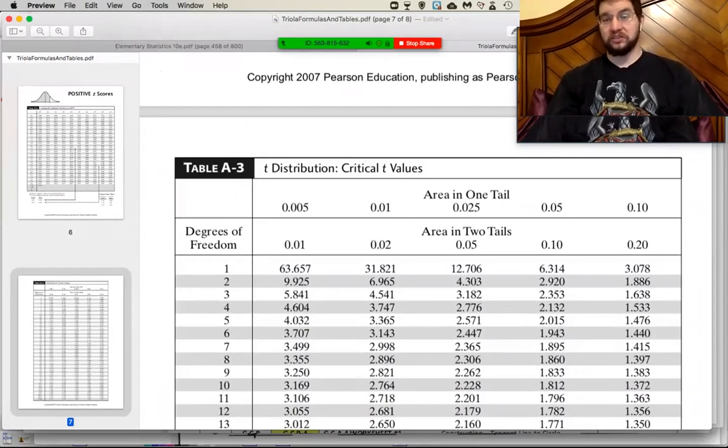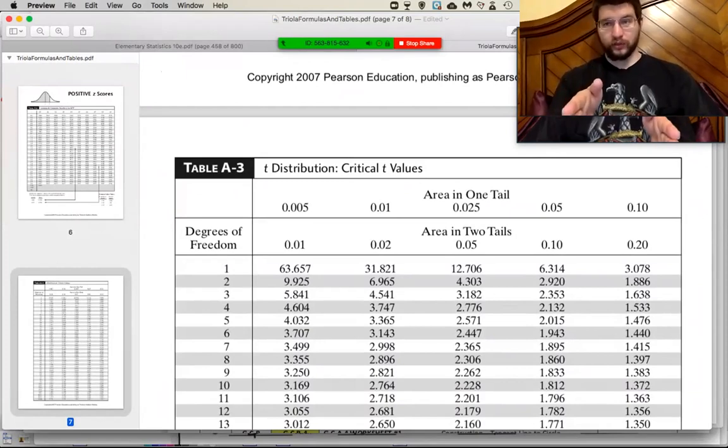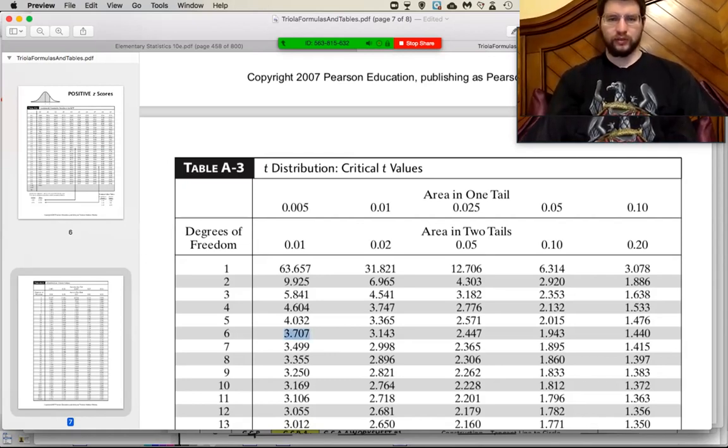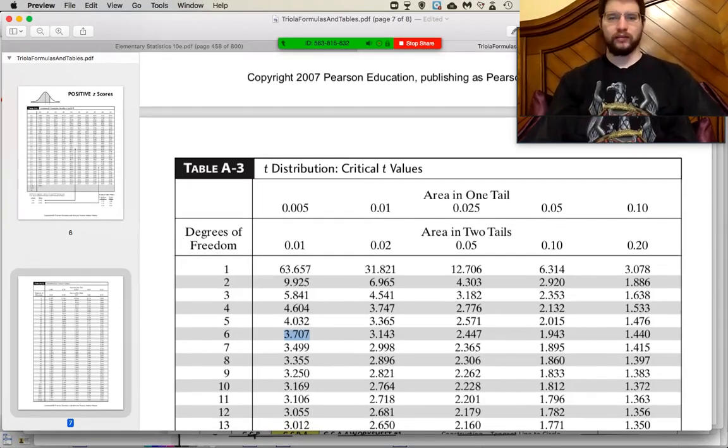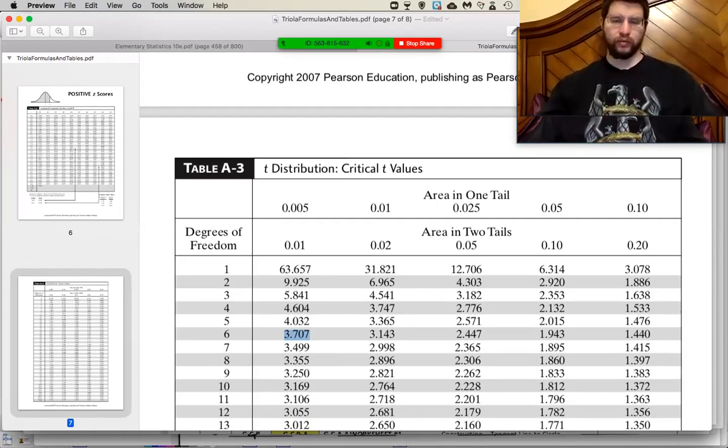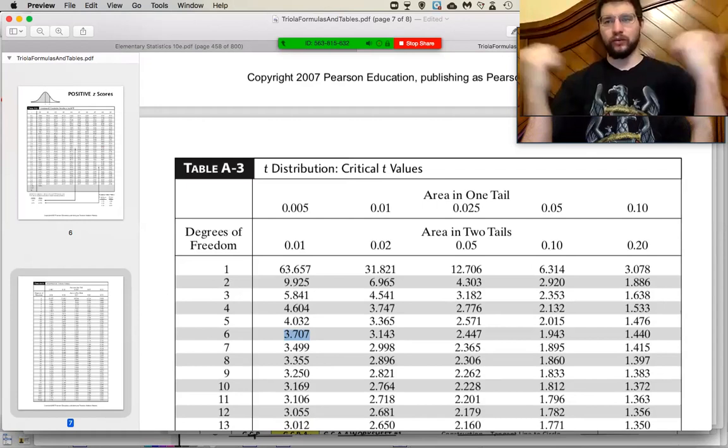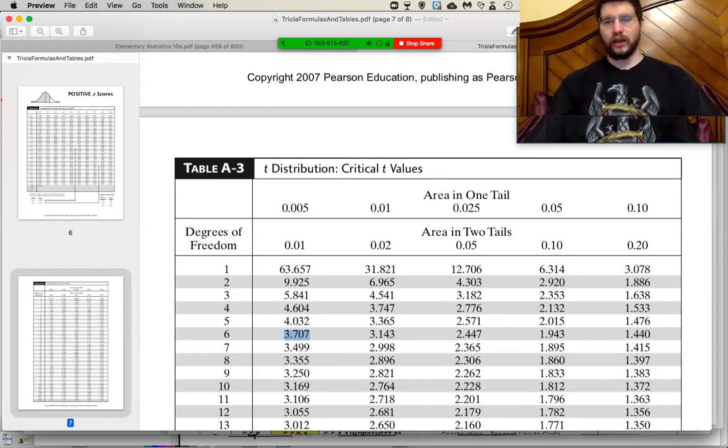If we have a right tail, we just do it as is, because this gives us the area to the right. The T and Z distributions are both symmetric. So the area to the right of, say, 3.707 with 6 degrees of freedom would be equal to the area to the left of negative 3.707. They're equal. So we can really just ignore the negatives for p-value cases.